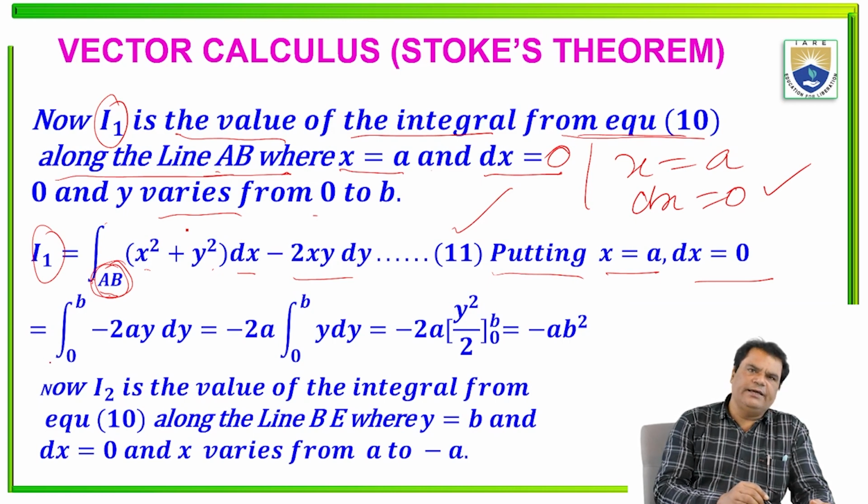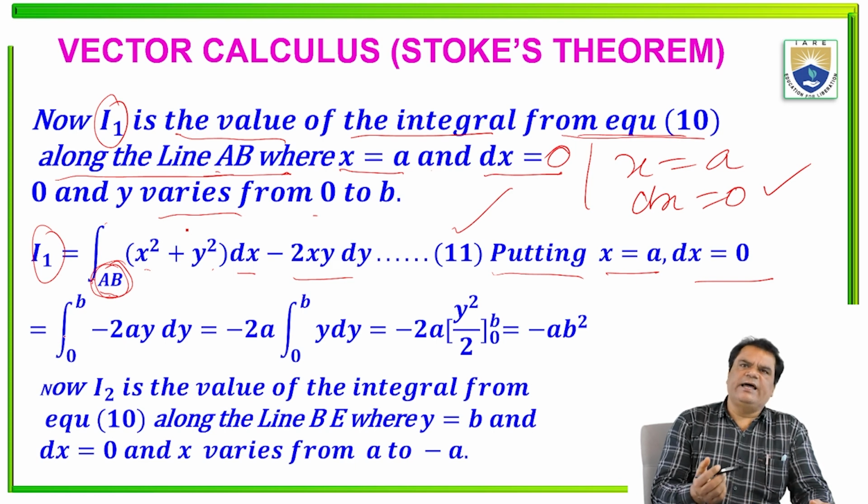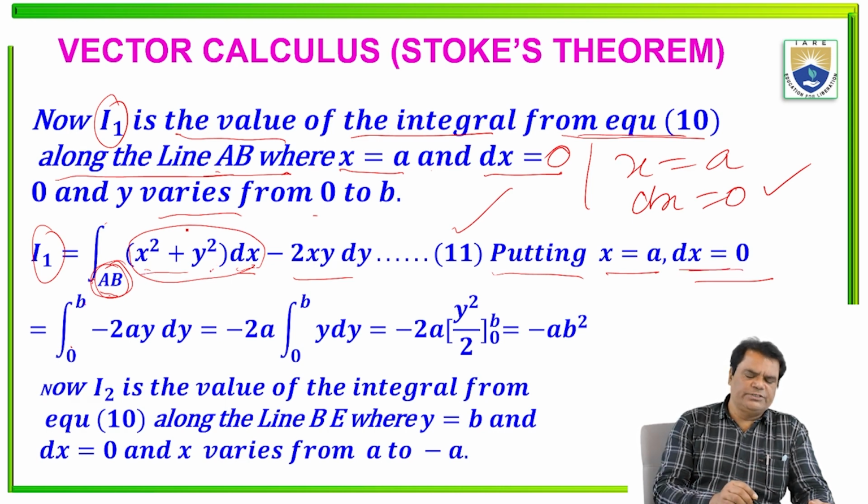So the integration here is a single integration, because this is a line integral, a curve integral. So from 0 to b, dx is 0, so the first term is 0 and vanishes.